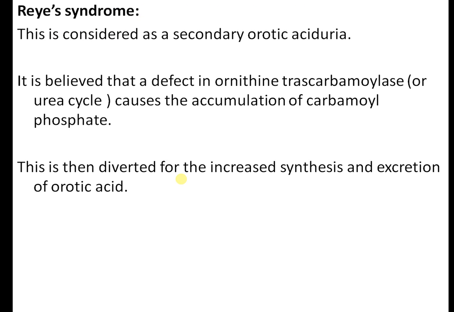Reye's syndrome is considered a secondary orotic aciduria. It is believed that a defect in ornithine transcarbamoylase or the urea cycle causes accumulation of carbamoyl phosphate, which is then diverted to increase the synthesis and excretion of orotic acid.